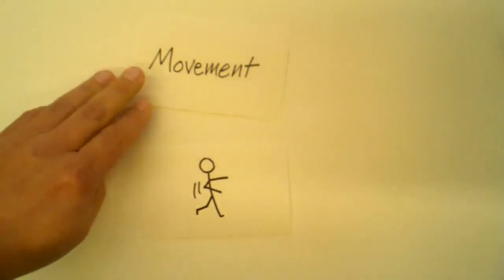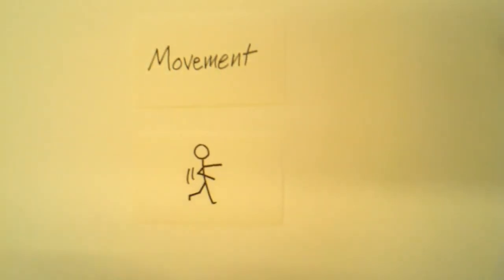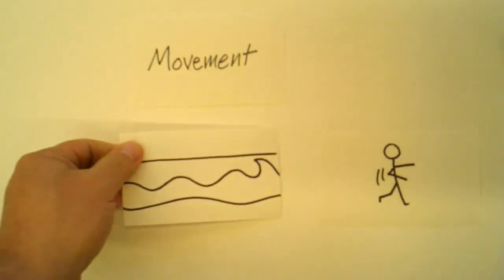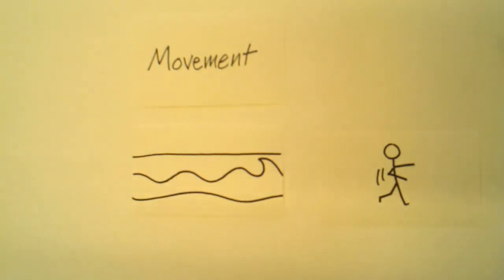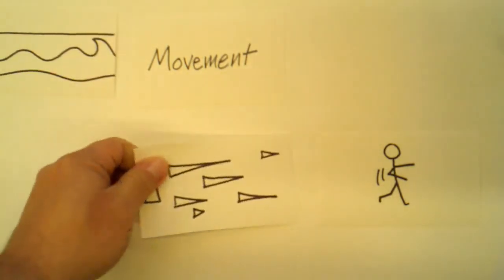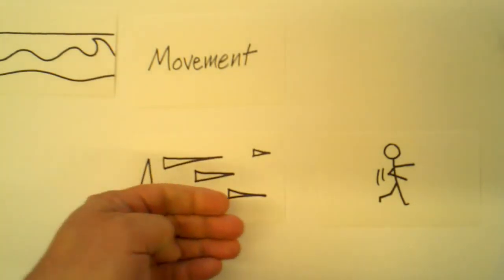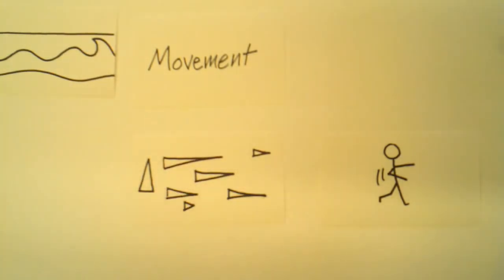Movement. We have actual movement of somebody moving within a picture. Put a little line after them to say that they're moving in a certain direction. You can have literal movement if this was water and there's a wave going across it. But you can also have suggested movement. All of these triangles pointing in one direction give us that sense of movement.